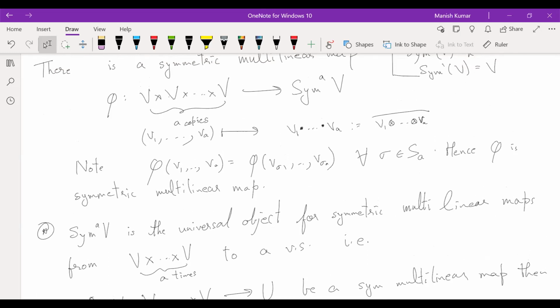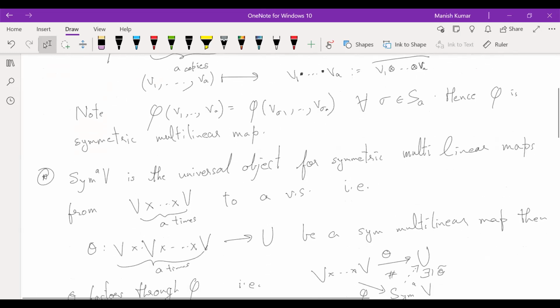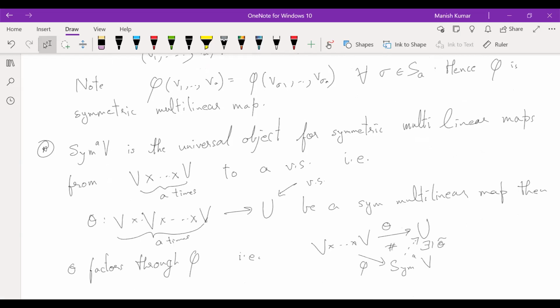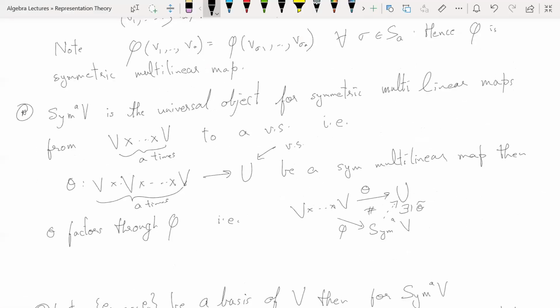More precisely, if theta is a symmetric multilinear map from A copies of V to another vector space U, then theta factors through phi uniquely.